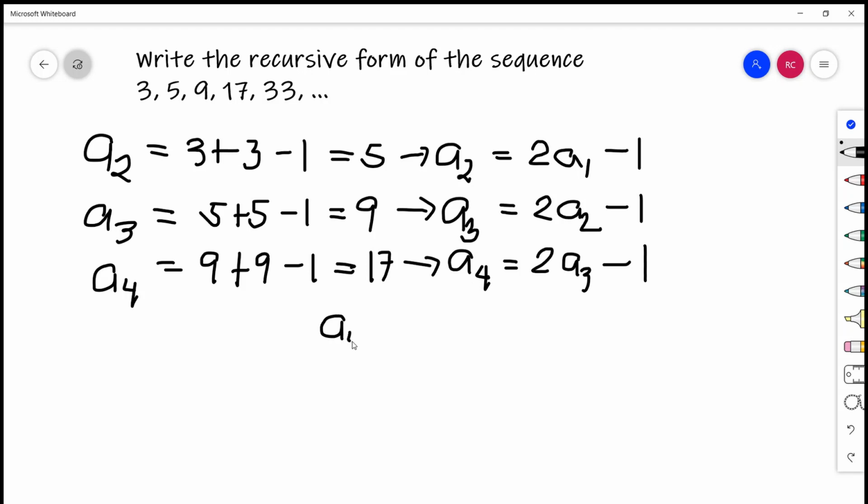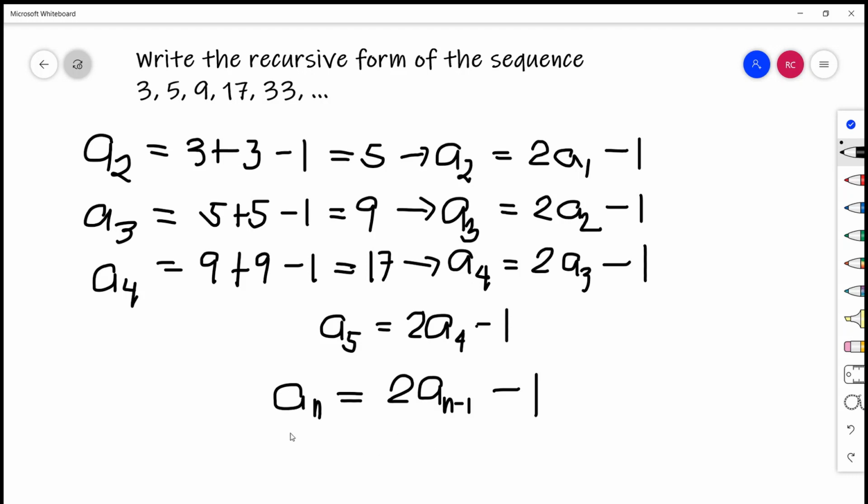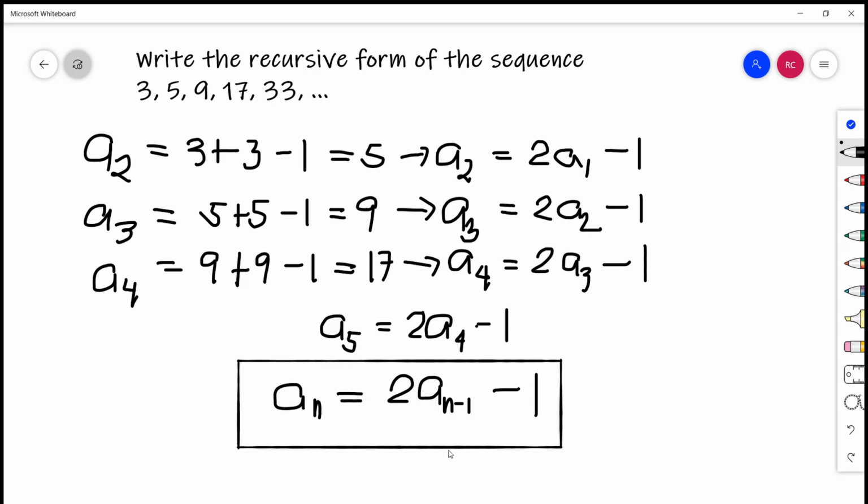So, the fifth term must be 2 times fourth term, twice the fourth term, minus 1. So, what will be our nth term? So, the nth term becomes twice the preceding term, which is n minus 1 minus 1. Okay, so this is now our recursive form of the sequence.